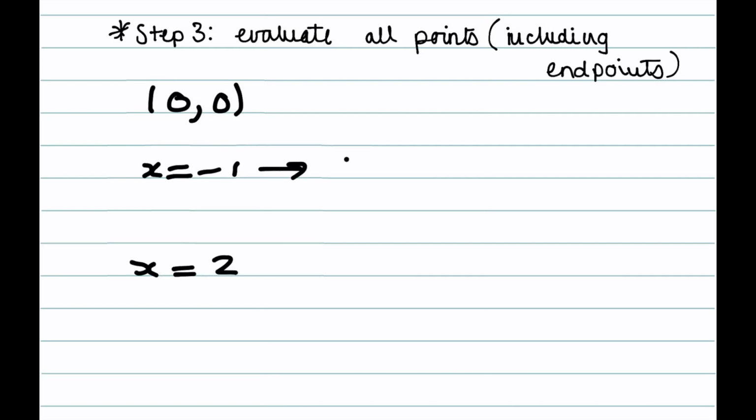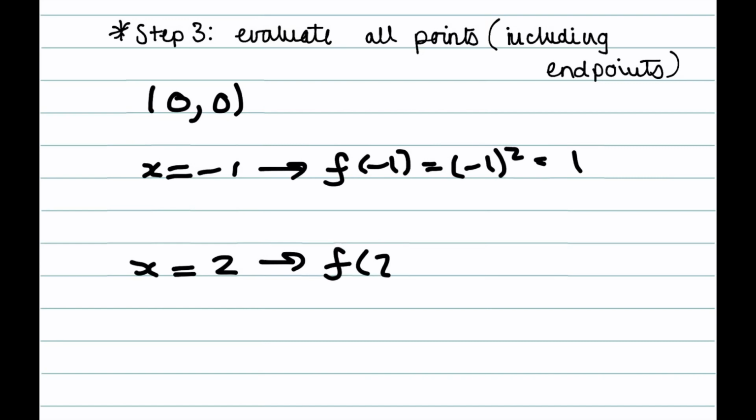So now we need to evaluate all our points, including our endpoints. So far we have (0, 0), and on the leftmost side we have x equals minus 1, and on the rightmost side we have x equals 2. Our function value at x equals minus 1 will be minus 1 squared, which is 1, and our function value at 2 will be 4.